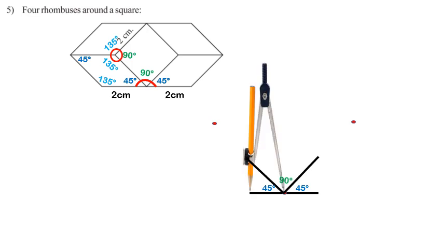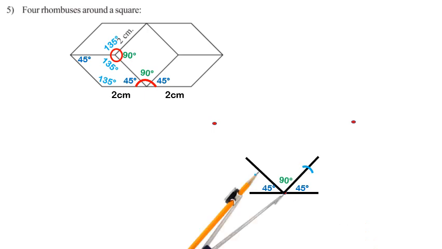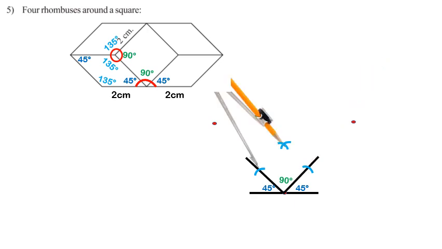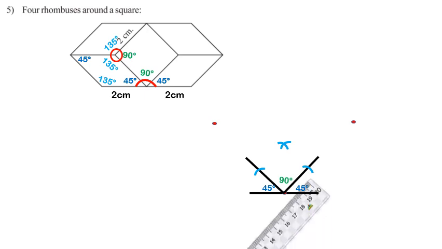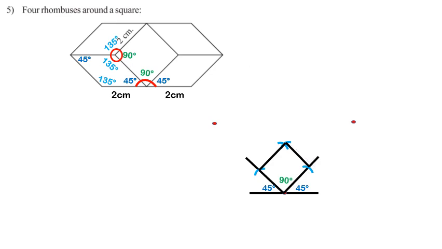Then take 2 cm in our compass and draw arcs to these slanted lines. Then keep this point as center and draw another set of arcs to the top. Then join these intersecting points using our ruler.